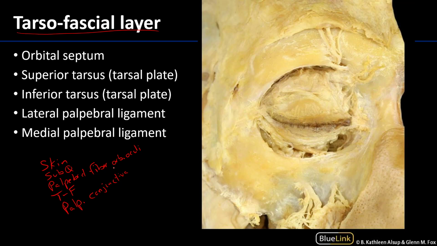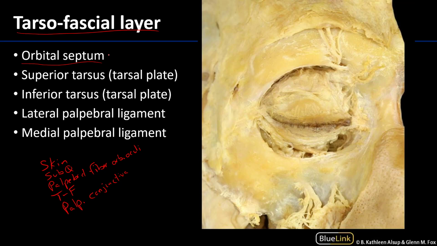So let's really focus on this tarsofascial layer here. This is a very underappreciated part of the orbit. So the first element here that I'd like to draw your attention to is the orbital septum.